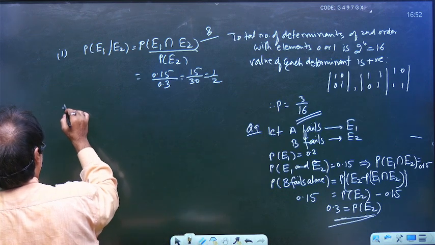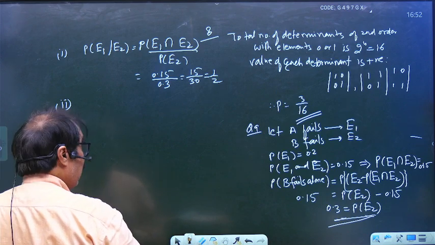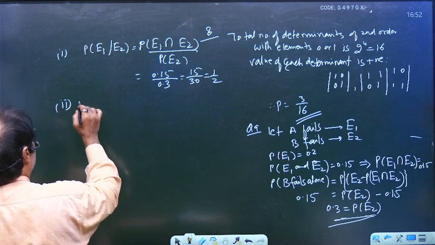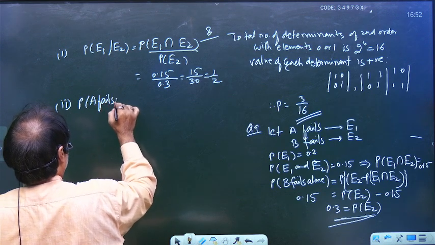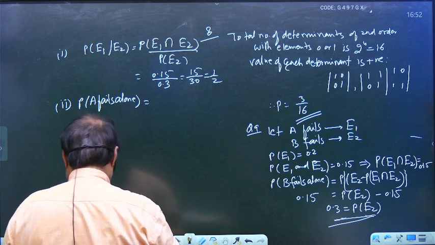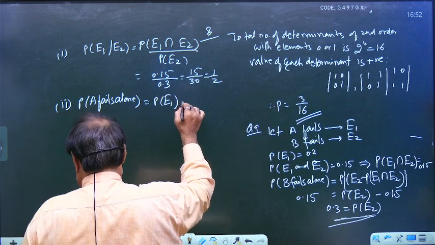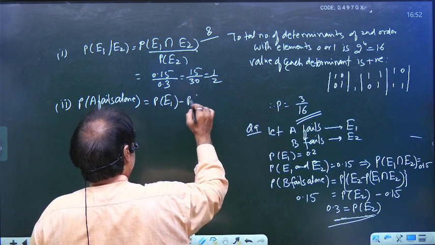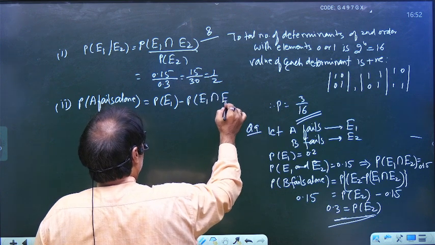And the second part is probability of A fails alone. What does it mean? It is probability of E1 minus probability of E1 intersection E2.